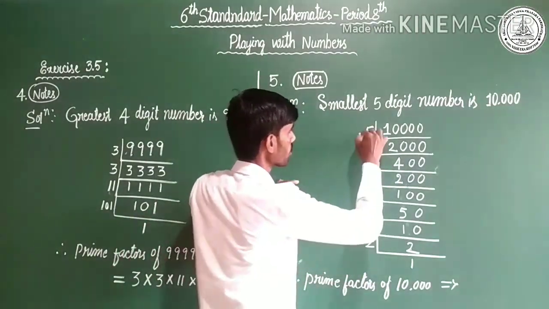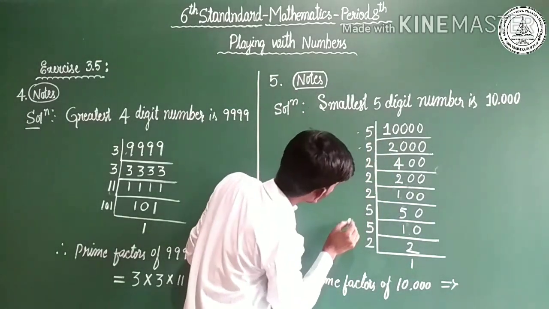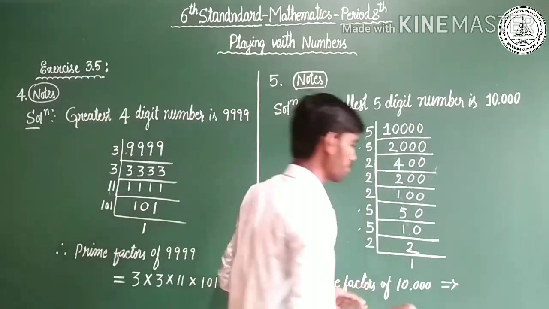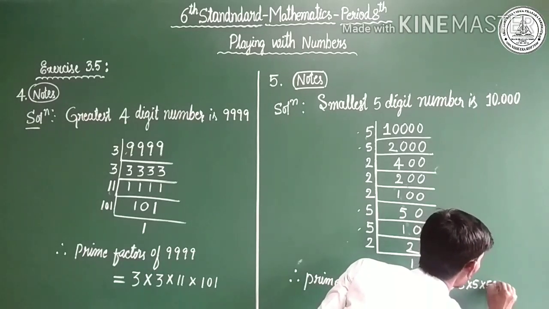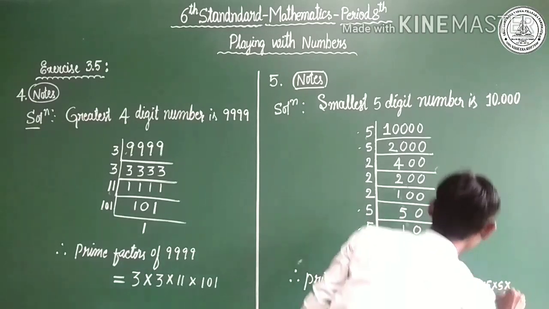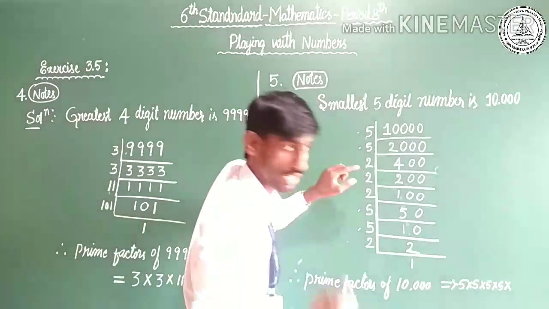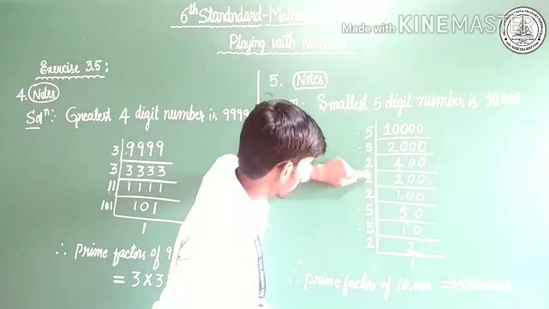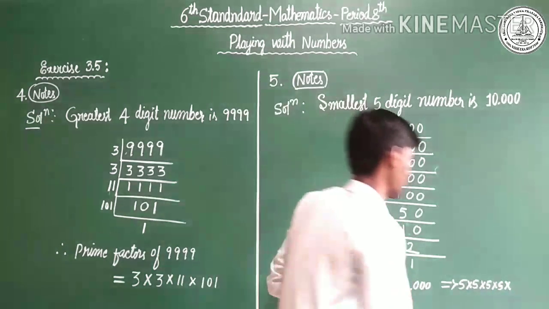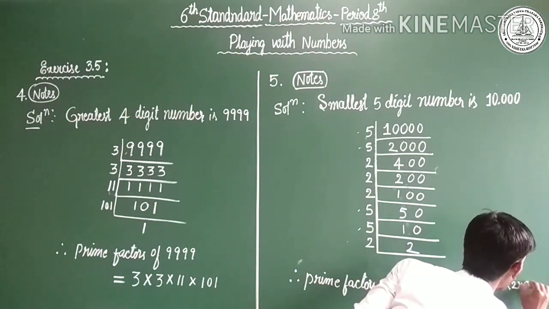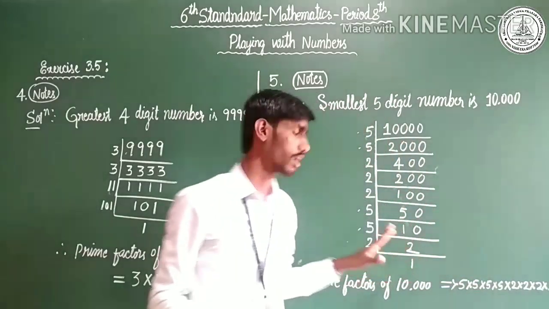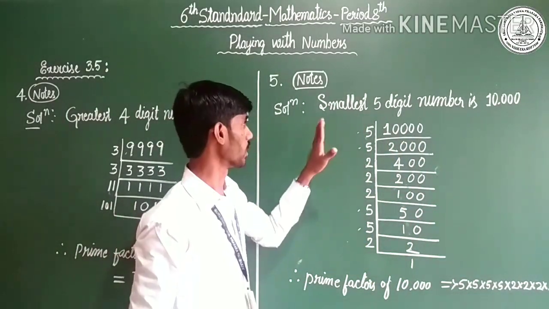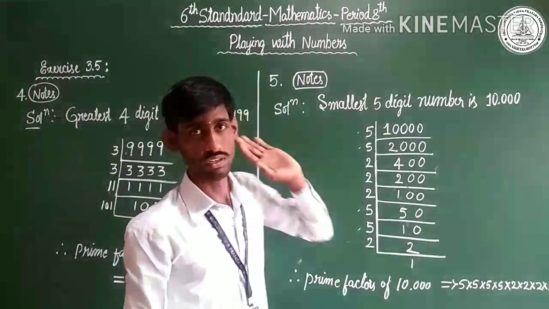Okay, 5 how many times? 1 time, 2 times, 3 times, 4 times. Yes, 4 times: 5 into 5 into 5 into 5. Next, 2, how many times repeated? 1, 2, 3, 4, 4 times. So this is the complete solution of the given problem, question number 5.